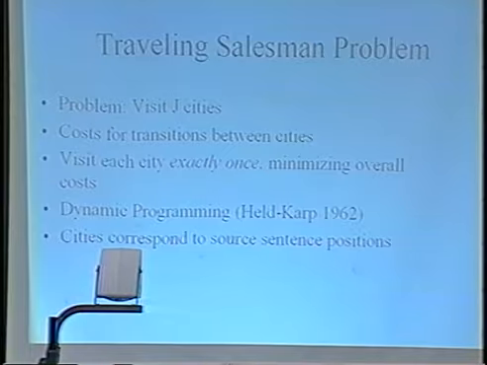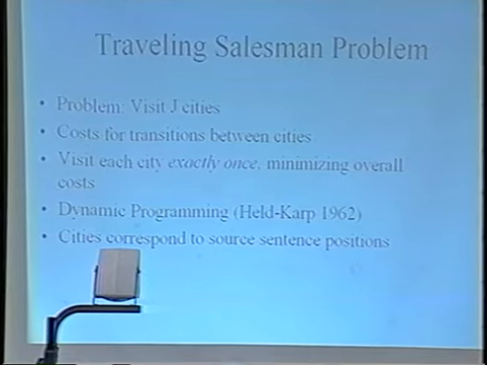And the thing that is important is that in the generation process, each source sentence position has to produce something only once. So it has to produce some word exactly once. So like each city has to be visited exactly once.